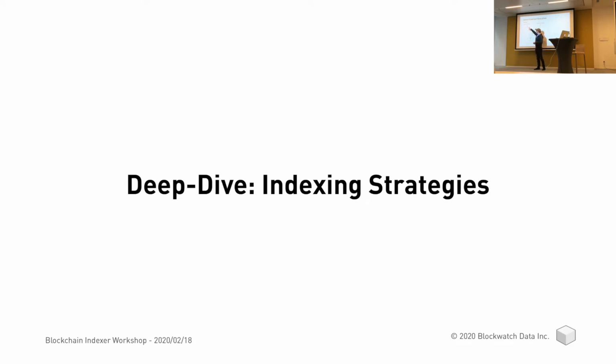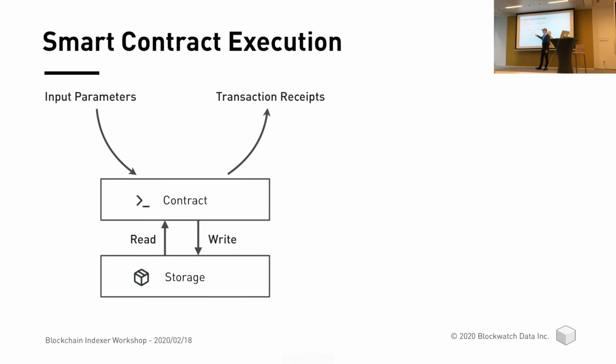These input parameters go into your smart contract, your function you want to call, and maybe also the function name or some sort of a signature or a pointer to the function. When the contract runs, it usually reads data out of storage in the node, does some computation, and writes data back to storage. And in the end, you could have a return argument or some sort of a receipt.